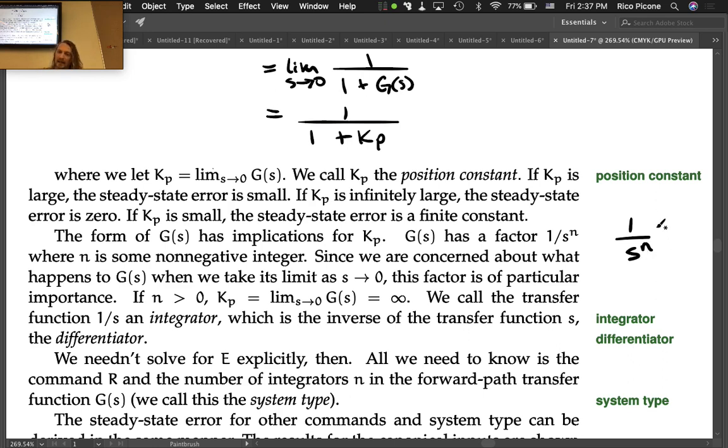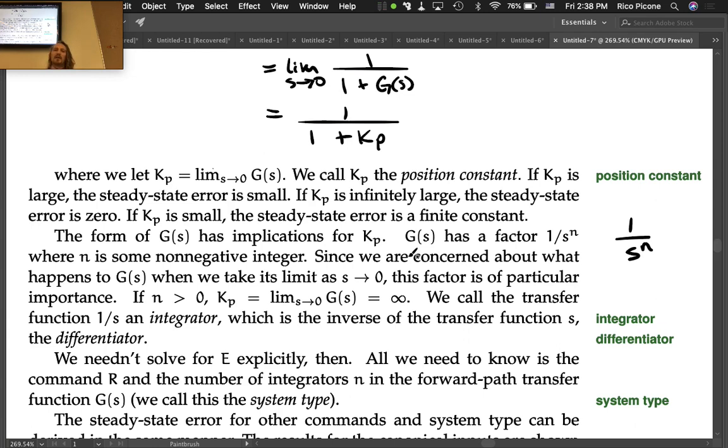So infinity is the position constant Kp. If you plug infinity in here for the steady state error, we get 1 over infinity, which is 0, right? So 0 steady state error. So if you even have one factor of 1 over s in your transfer function, you have a 0 steady state error if you have a step command, okay?